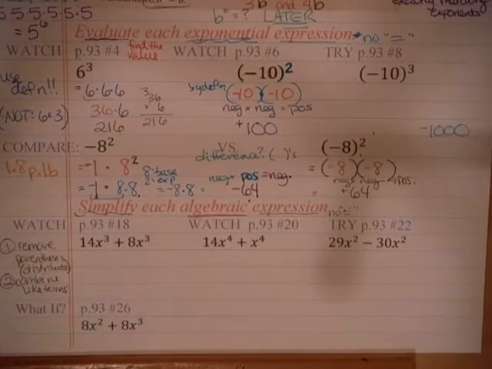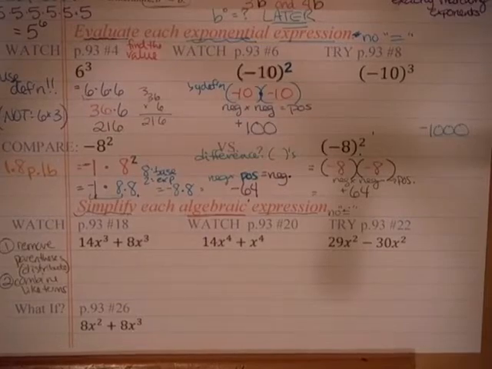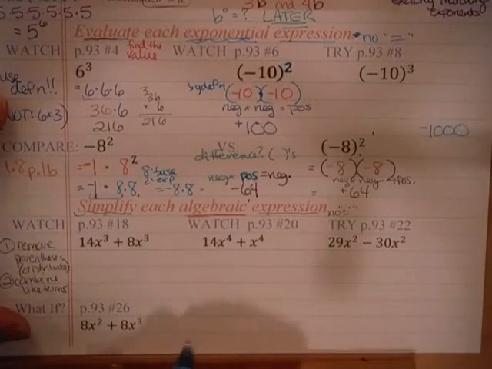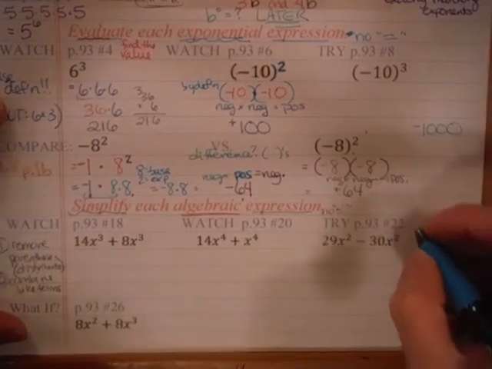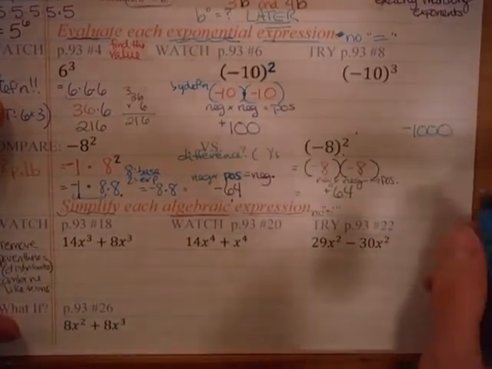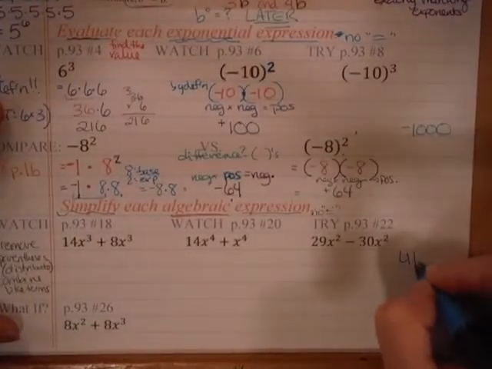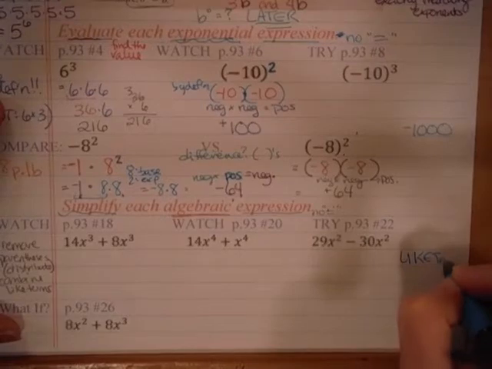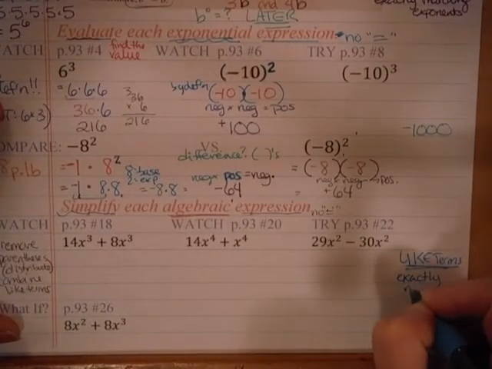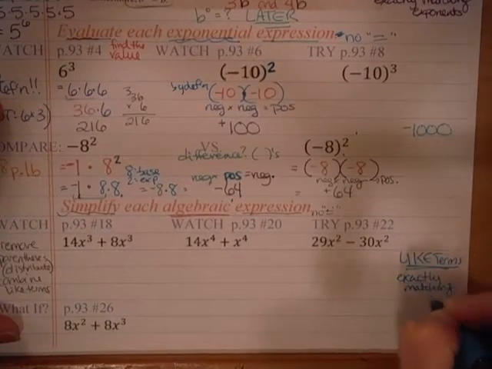Okay, and let's do just a quick review. We did it at the top of the page, but let's remind ourselves that like terms, I'll do it over here on the right side. Let's make sure I haven't scooted myself off the margin there. Good. Okay, like terms means exactly matching variables.